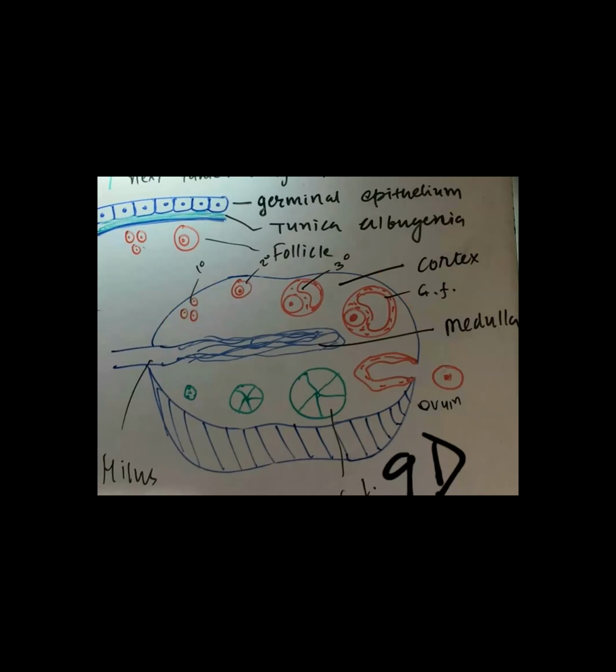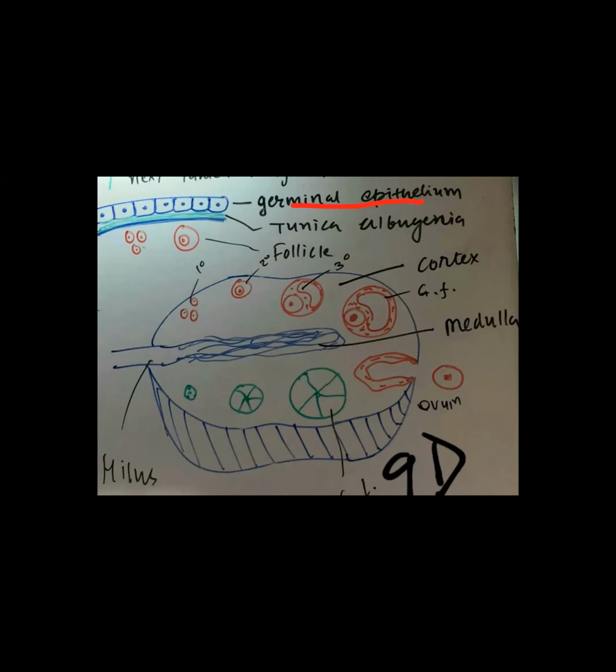So the outermost layer of the ovary is germinal epithelium. This is the one which will produce ova. It encloses the inner stuff, which is called the ovarian stroma. Excluding this germinal epithelium, the remaining stuff inside, that is the stroma portion.